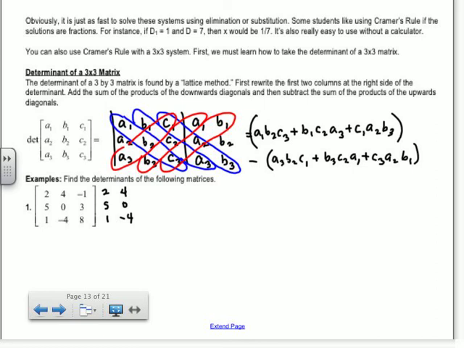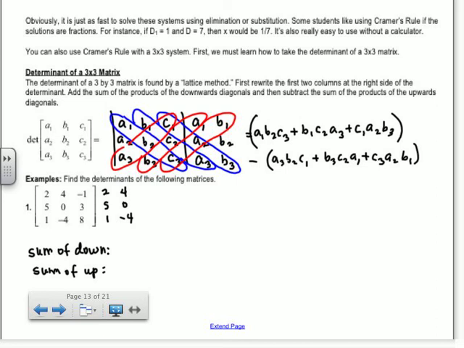And a lot of people like to find the sum of downwards first and then find the sum of upwards. So down and then up. And you can always remember what goes first because the downwards one is your main diagonal. So always remember, main diagonal goes first, just like with your normal 2x2 determinant. You went downwards minus upwards.